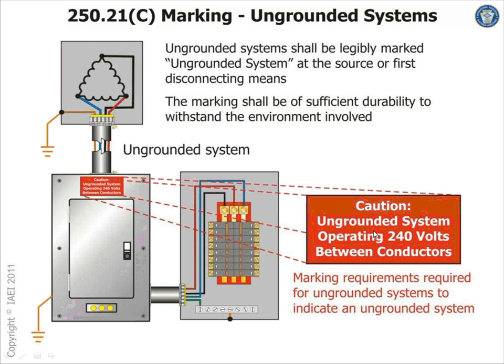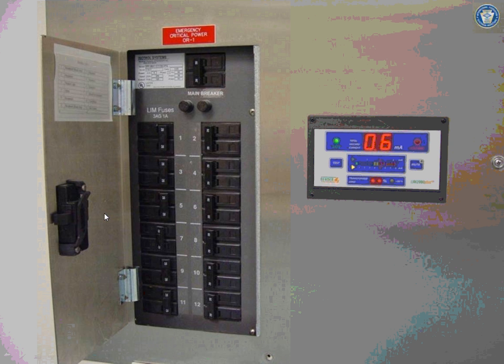The NEC code book requires you to have a label if your system is ungrounded, because we got sick of killing electricians and burning equipment trying to go to a panel looking for a neutral that does not exist. So now you have to have a label right at the service, at the panel, or at the source of the ungrounded system, saying that your system is ungrounded.